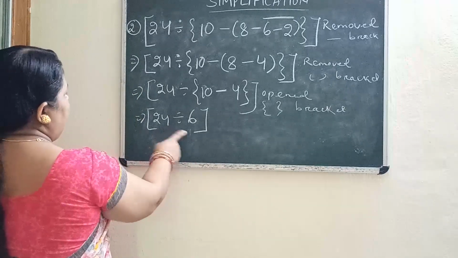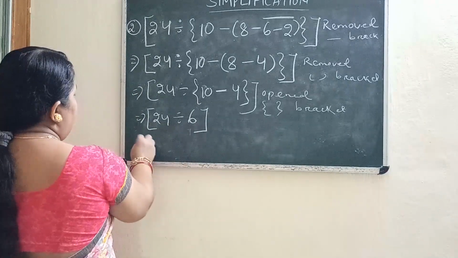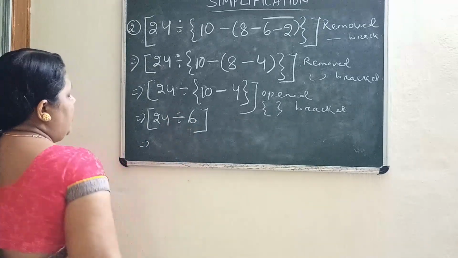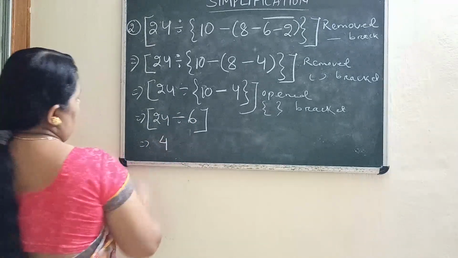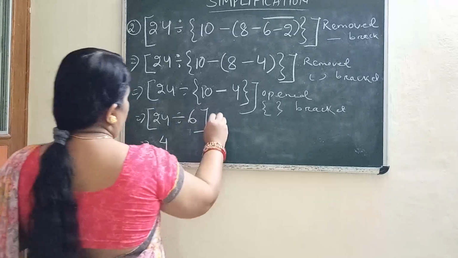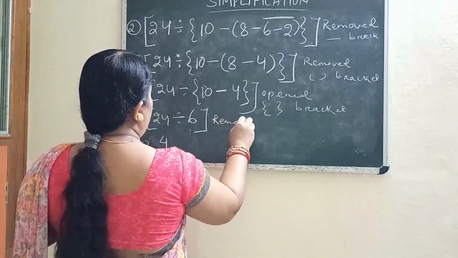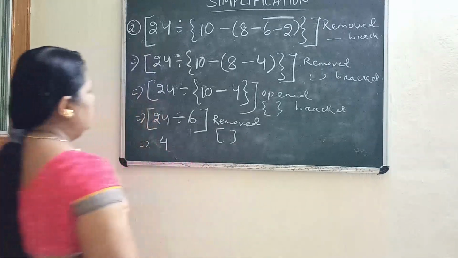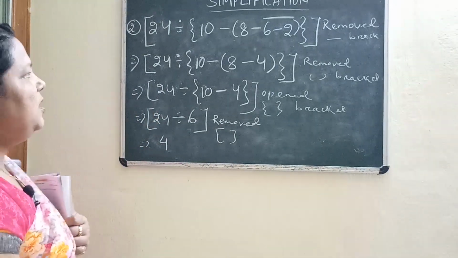The last step is to remove this square bracket, and beside this your division is there, 24 divided by 6. If you divide this, the value will be 4, and this bracket is also removed. Removed square bracket. The value we got is 4.